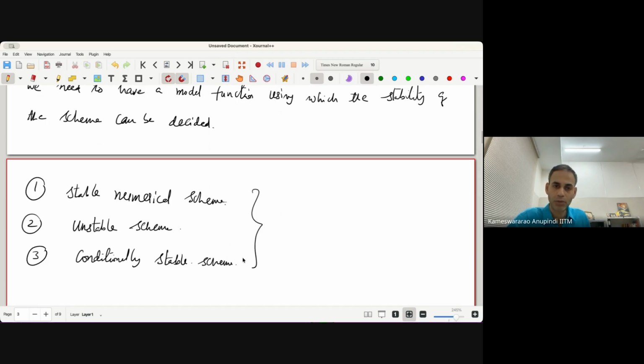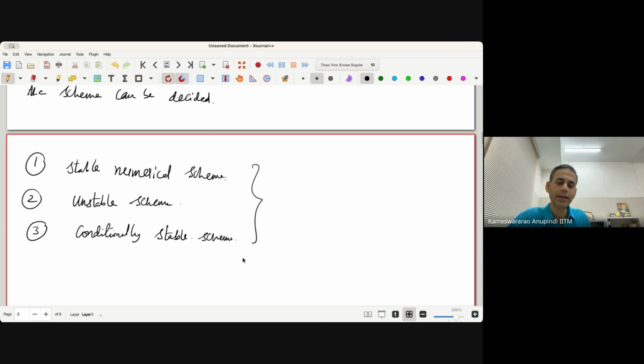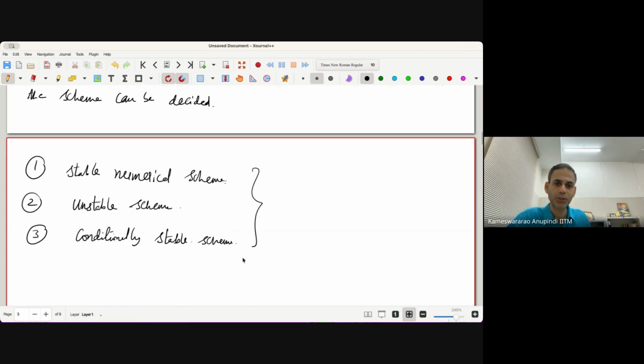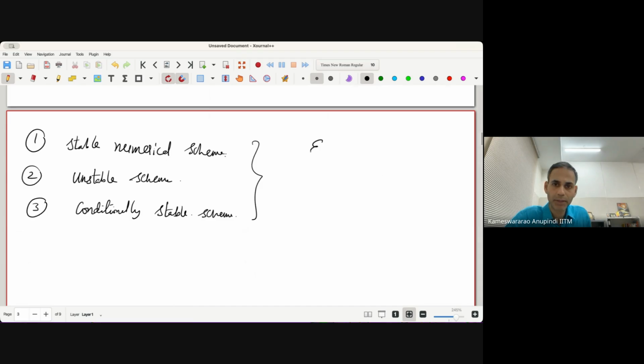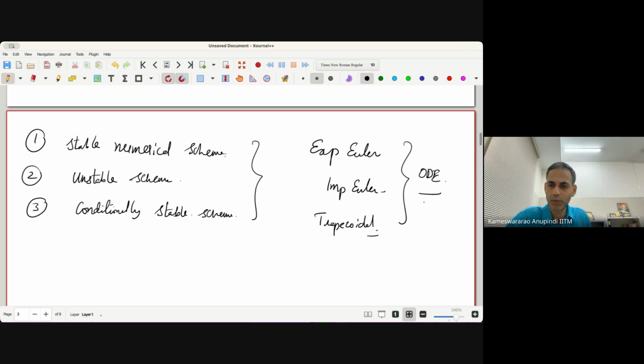So we want to apply this stability analysis to the explicit Euler method, implicit Euler, and the trapezoidal methods in the context of solving ordinary differential equations. To be specific, we are going to look at the first order ODE.